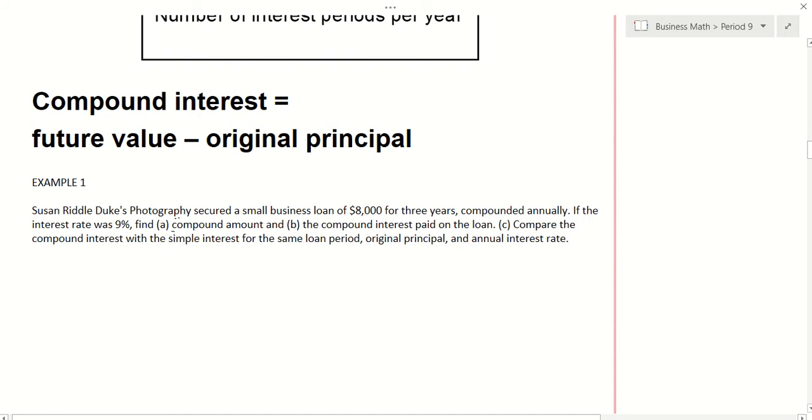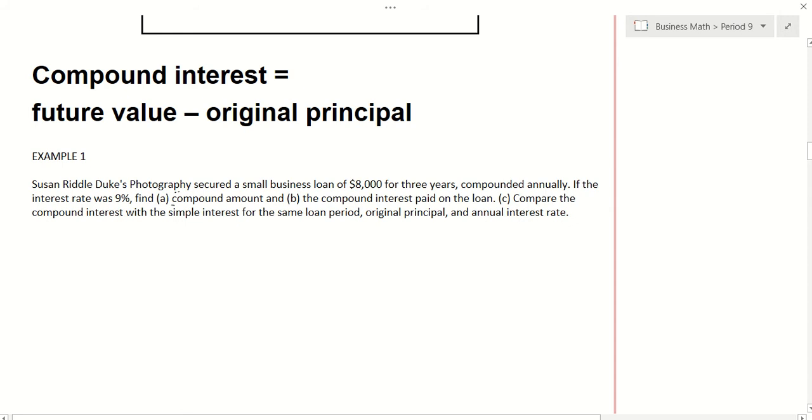What would this all look like if we were to try a problem? Our first problem: Susan Riddle's Duke Photography secures a loan for $8,000. That means P. 3 years, your time, T, compounded annually. What does that mean?